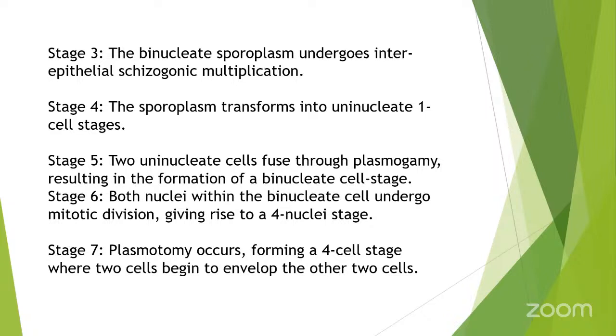Then in stage 6, both nuclei within the binucleate cell undergo mitotic division, giving rise to a 4 nuclei stage. Then plasmotomy occurs, forming a four cell stage where two cells begin to envelop the other two cells.